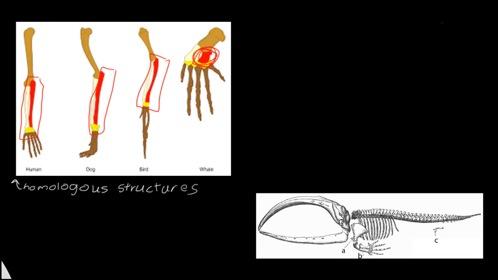So divergent evolution, let's draw something to understand that. Here's a common ancestor. Now the organisms that evolved from this ancestor, this is an organism, this is an organism.